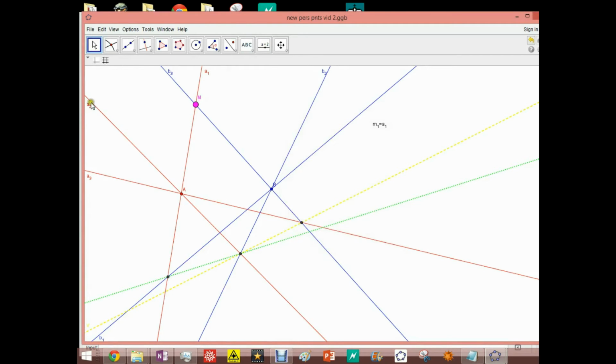What about A2? Well, that one is going to get sent down to the yellow line here, and at that point it's going to get bounced off this yellow line towards M, and so it's going to get sent up here. Déjà vu?